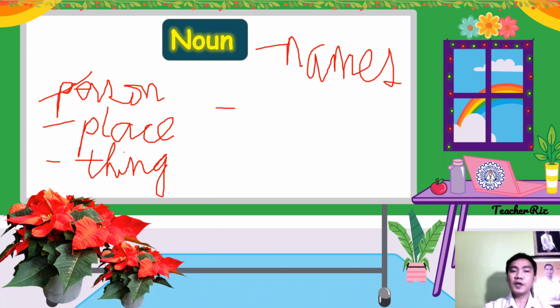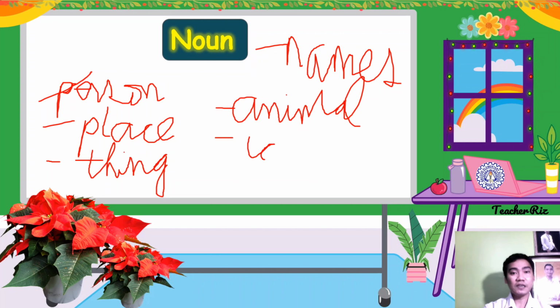Also aside from a person, place, thing, it may also name animals, also ideas, correct? Or let us say events. What are the events? Events, occasions.